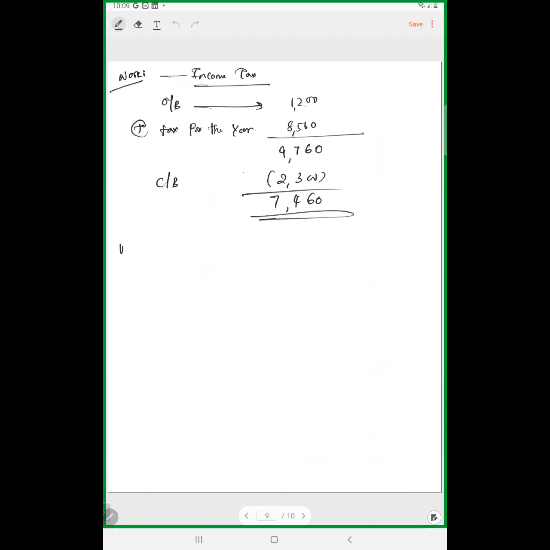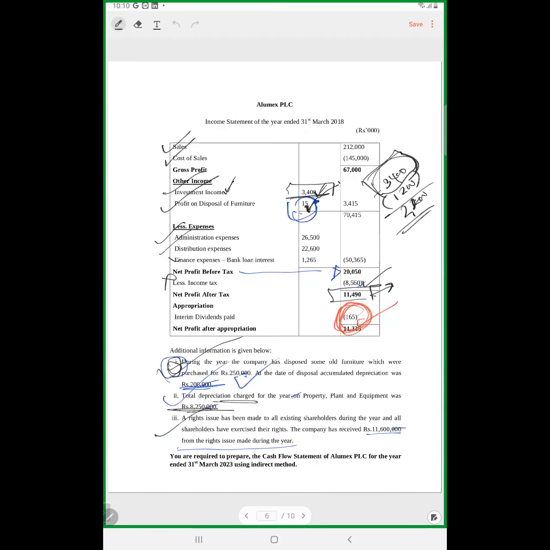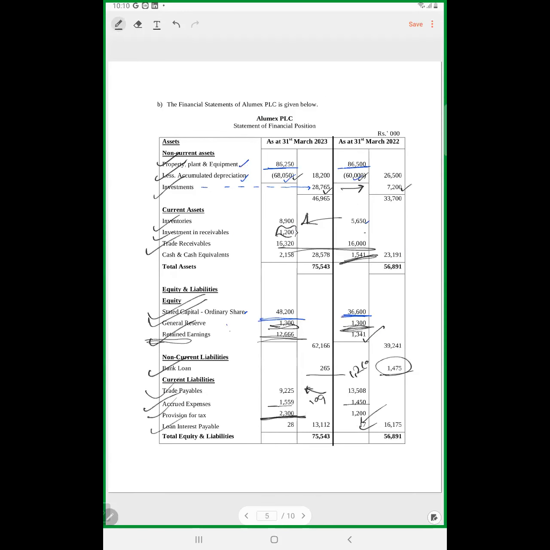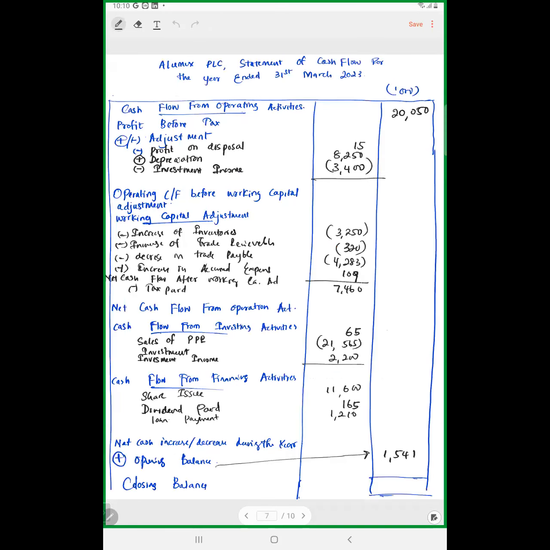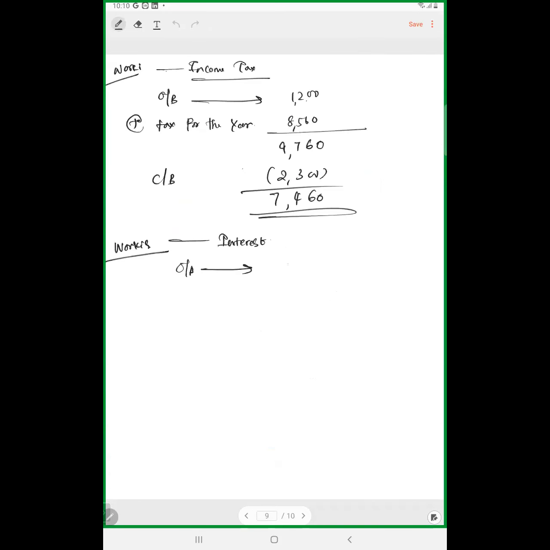Good. So then we need to find out how much we paid. Interest payable working. Opening balance we had how much? 17. Opening balance we had 17 for the year. How much interest did we incur for the year?